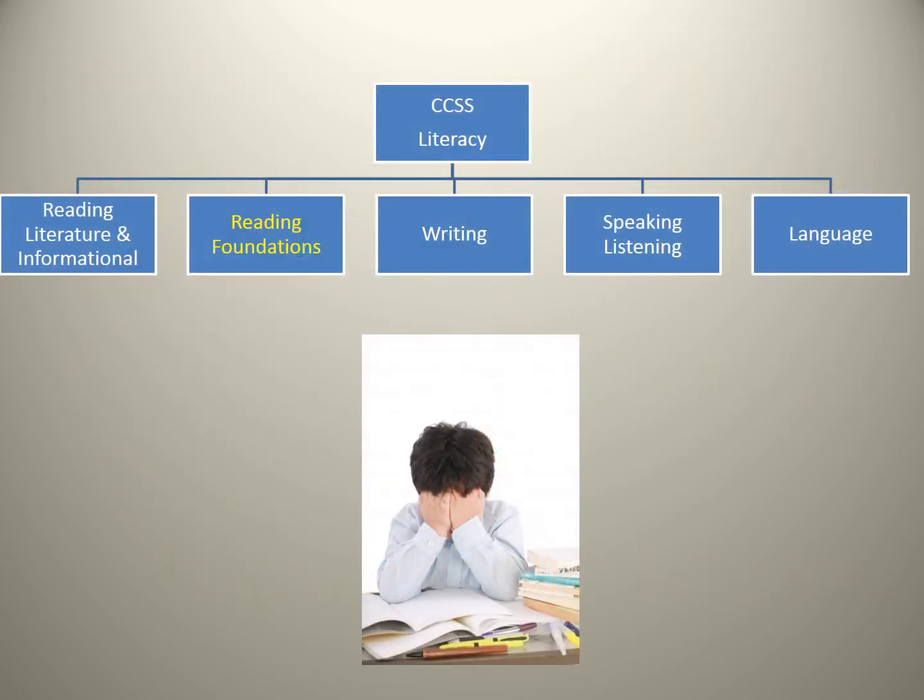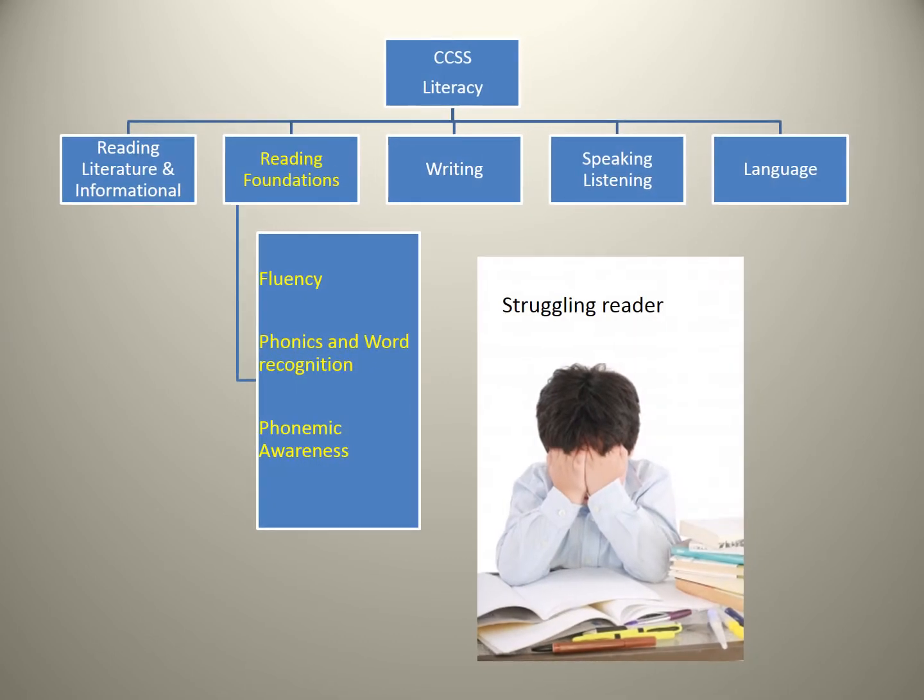But in the world of the Common Core standards, what happens when a bilingual reader is having a hard time making meaning of text in English? Quite often, the student is given interventions that focus on the reading foundation strand. This strand includes work on fluency, phonics, word recognition, and phonemic awareness.